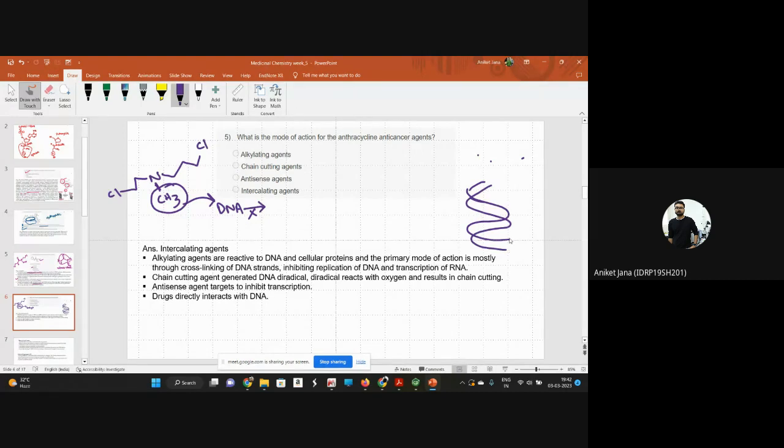If one strand runs 5 prime to 3 prime, then the other one is 3 prime to 5 prime. Then one strand we call sense and the other we call antisense, right?